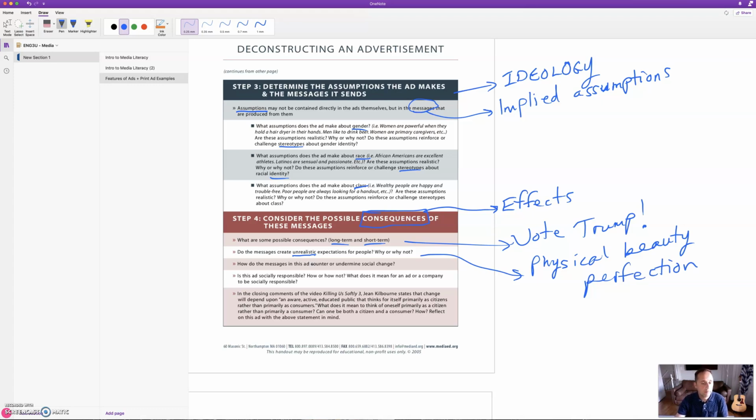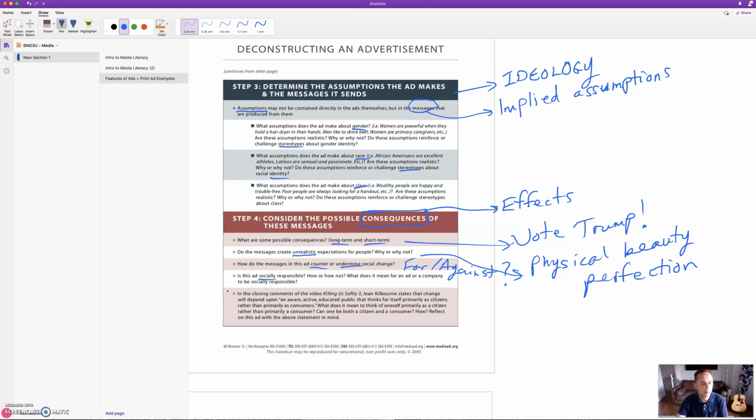How do the messages in this ad counter or undermine social change? So are they for or against cultural trends? You could ask that question. Is the ad socially responsible? How or how not? What does it mean for an ad or a company to be socially responsible?